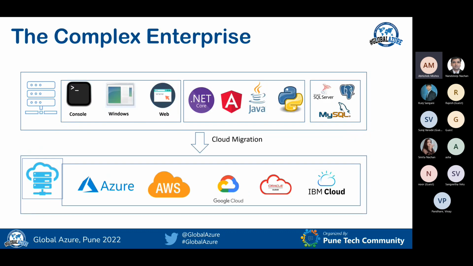Okay. So normally when we talk about big complex enterprises, this is how it will look. It will have a variety of applications. If you see this first box, we have different kinds of applications. We have console applications, Windows applications, web applications. We may have bots; of late, after 2015, there are so many bots we see as an application, I mean conversational interface based applications.